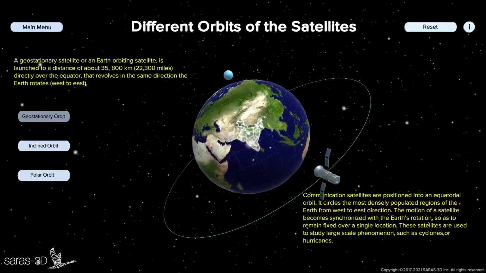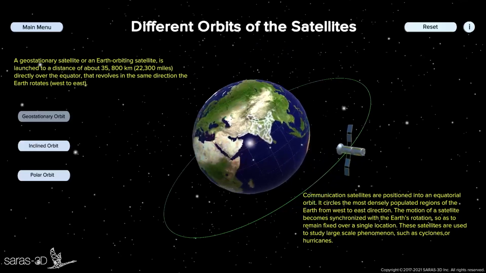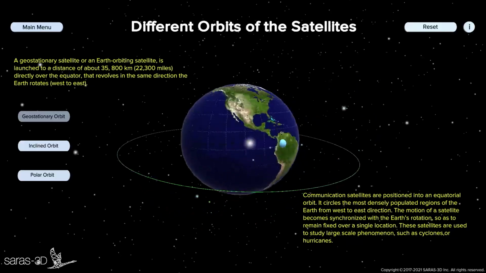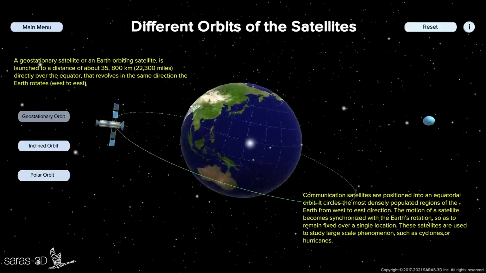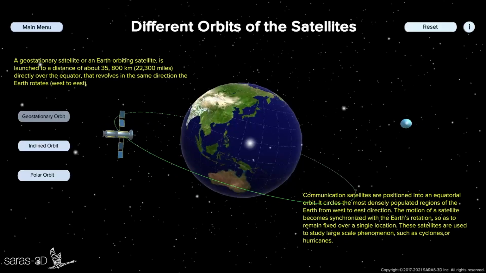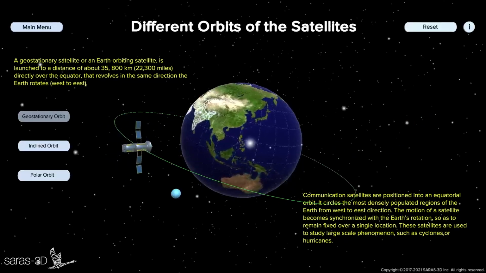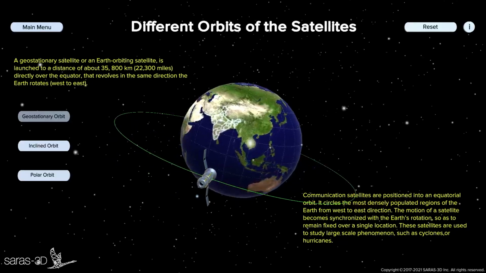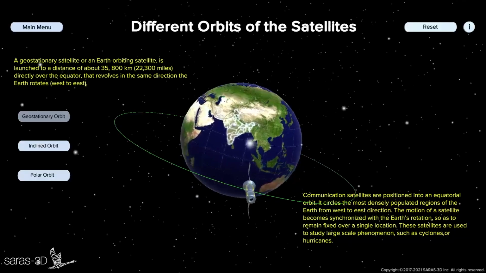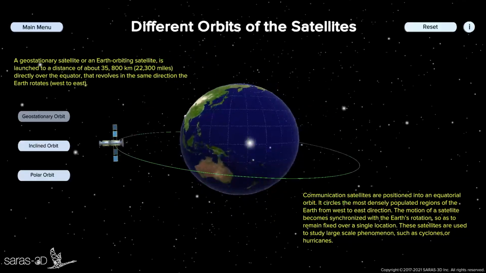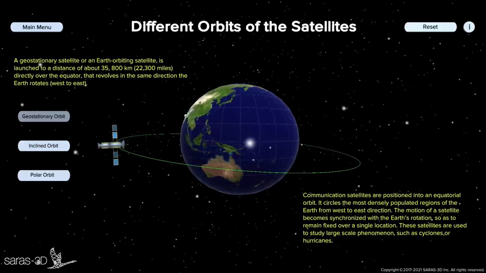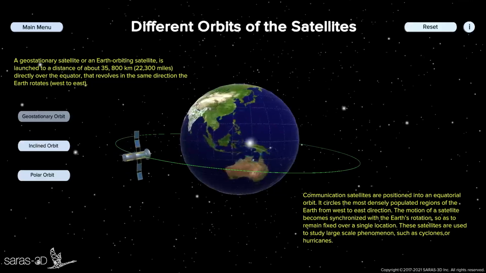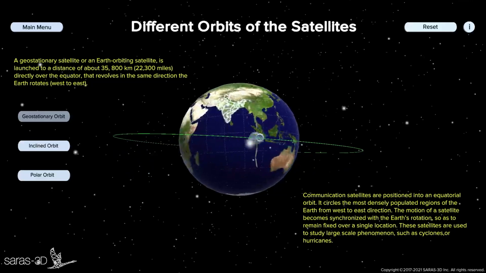Further, since Earth is rotating about its own axis from west to east, in the same way the satellite in geostationary orbit rotates about the Earth, and its time period of rotation is the same as the time period of rotation of Earth about its own axis, that is 24 hours. So this is the basic definition for geostationary orbit. It's not like for every satellite geostationary orbits are used.